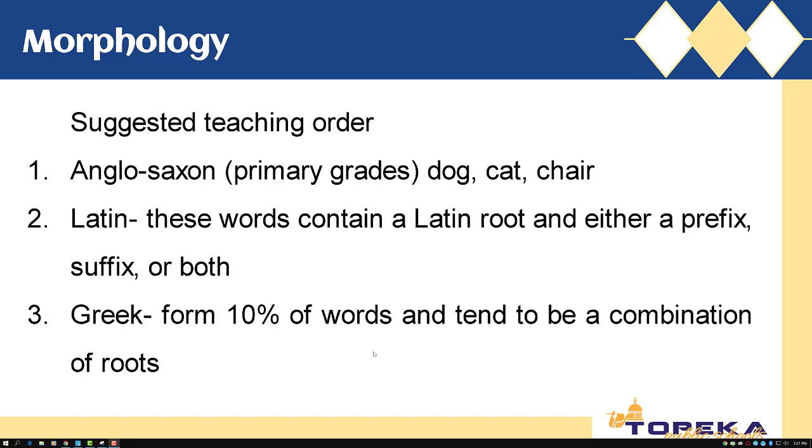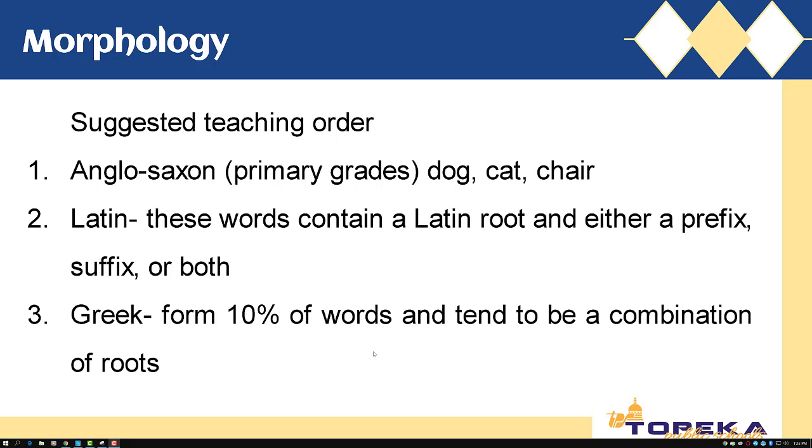So for example, let's take the word audition. Audition is formed from the Latin root aud, A-U-D, which means to hear, and the suffix shun, and shun means full of. So we can combine those two parts to make the word audition.